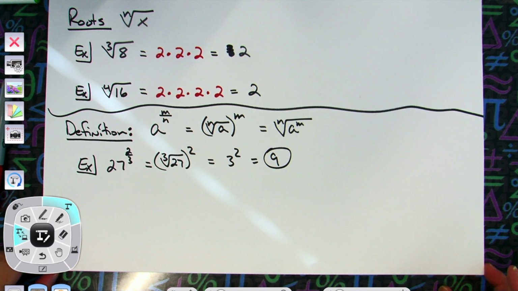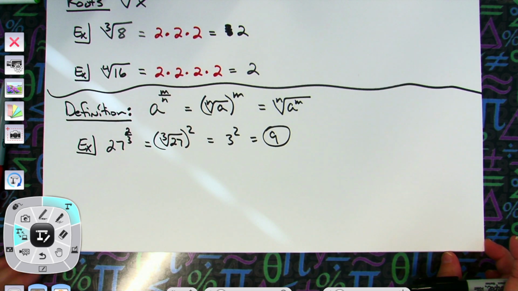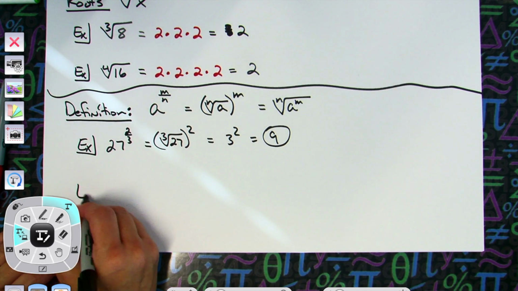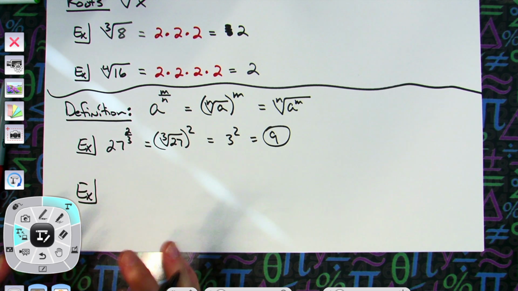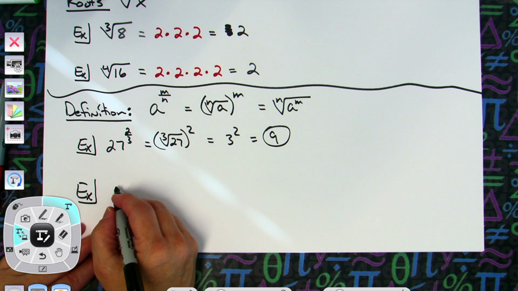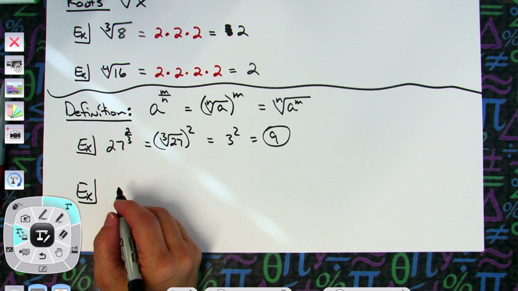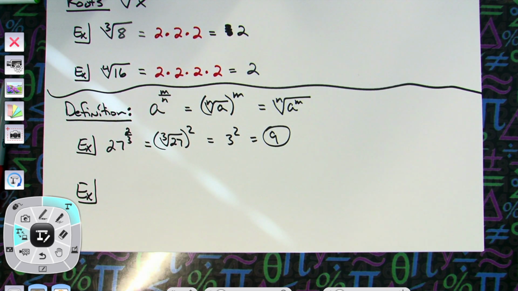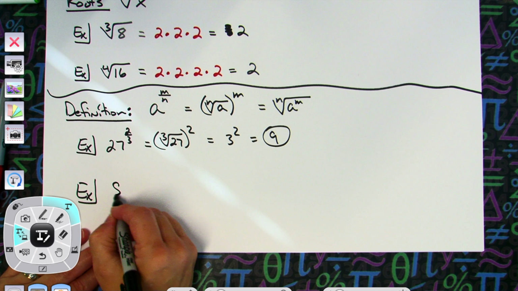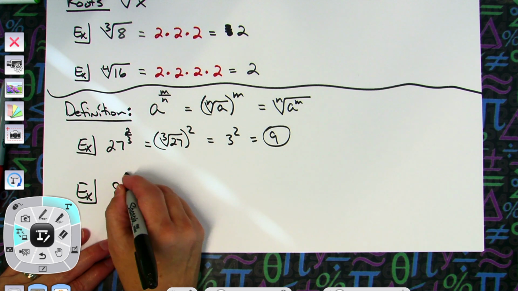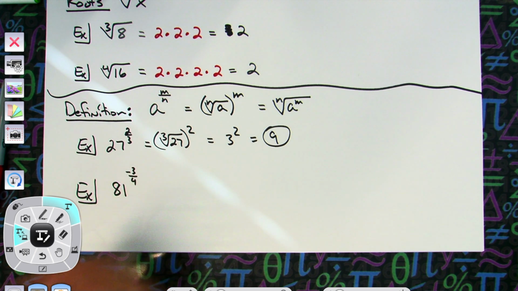Now, last week we did laws of exponents and some negative exponents. They're going to throw some negatives in because they're combining concepts. As we go through this review chapter, they're just going to put all the concepts together. So if I had 81 to the negative 3/4, we learned last week with laws of exponents that we can't have negative exponents.